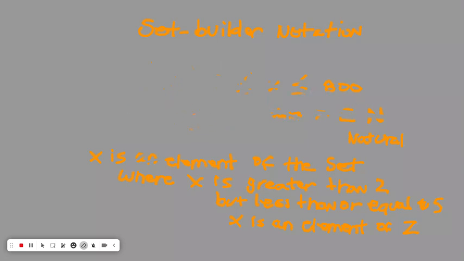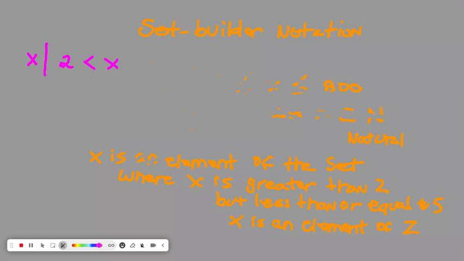So again, x is an element of the set where x is greater than 2. So we know x is greater than 2. Let's get a different pen going here. So how did you write it? So remember, x such that, well, what about x? Let's look at the numbers. It's greater than 2. So we have the 2 here, and x is greater than 2.